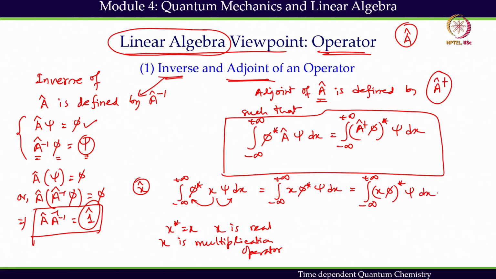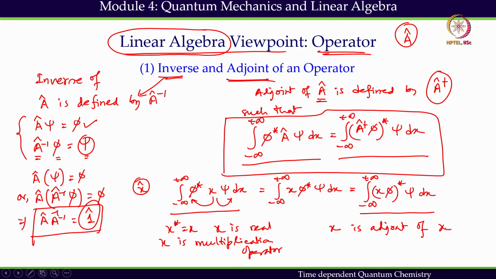You see, this is now fulfilled. This form is equal to this form. Because it is fulfilled, I can say that x is the adjoint of x. It is actually the same. So, the x operator is equal to its adjoint. They are the same. It does not change.